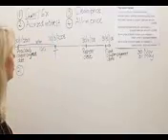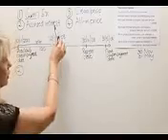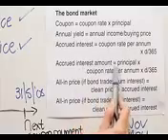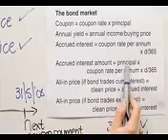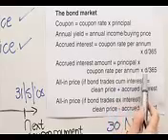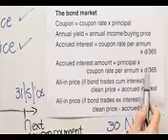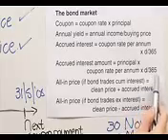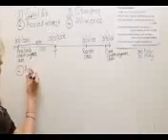Right, now the formula to calculate the accrued interest amount is this one. Accrued interest amount is equal to the principal times the coupon rate per annum times D, the number of days, which is 120 days, divided by 365. So I'm going to rewrite that formula.